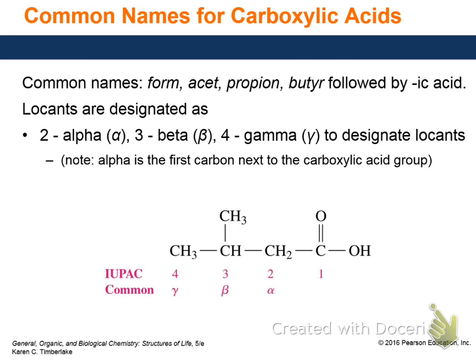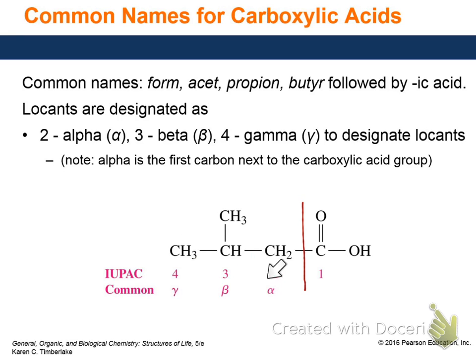All right. A couple of other things to recognize in common names, unfortunately, is sometimes they don't use the numbers. They use alpha, beta, and gamma. On a carboxylic acid, if you draw a line here, you'll notice the first carbon is the alpha carbon. The second carbon away from the carboxylic acid is the beta, and the third one is the gamma.